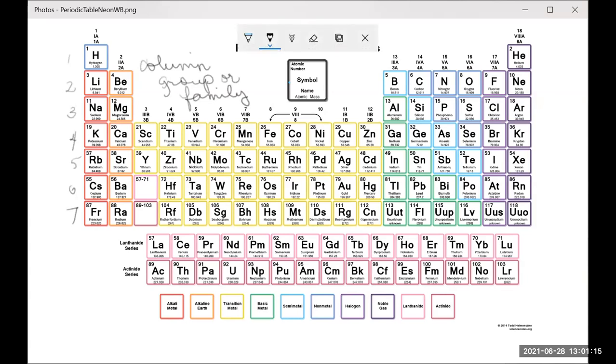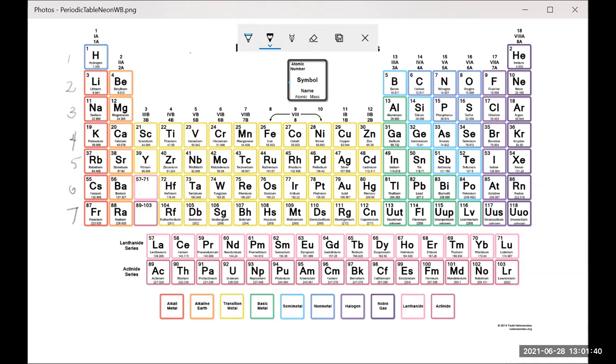You can see there are different ways that we write it: 1A, Roman numerals, and then just the numbers 1 through 18. But we're going to focus more on using the A's and the B's.